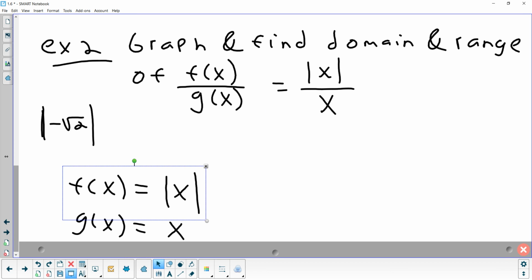Now let's look at this one. Is there anything I'd have to be careful about here? Chris? The denominator cannot be 0. Right, and we don't want to plug in 0 for x. Not that it's a problem in the top. You can take the absolute value of 0, but then you'd be dividing by 0. Okay, we don't want to do that.